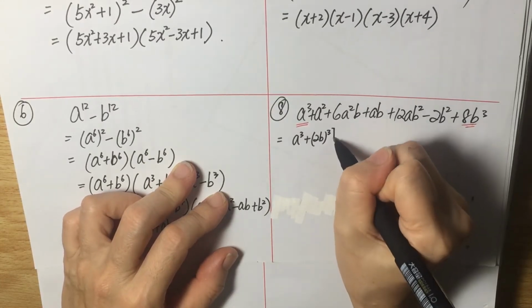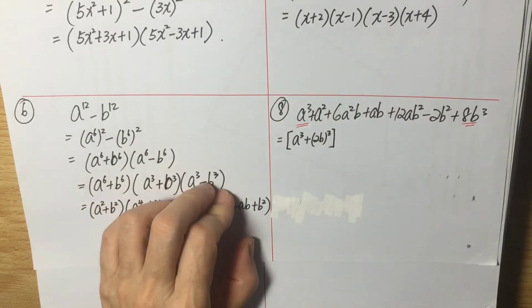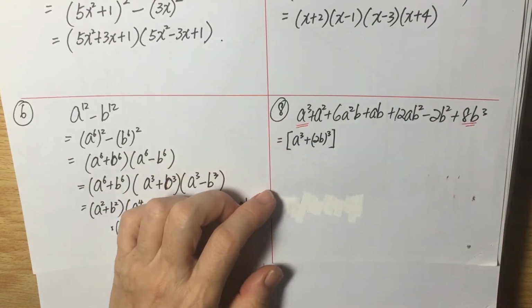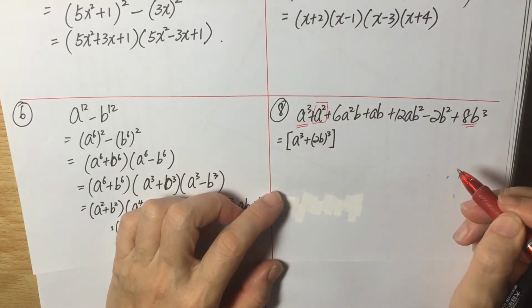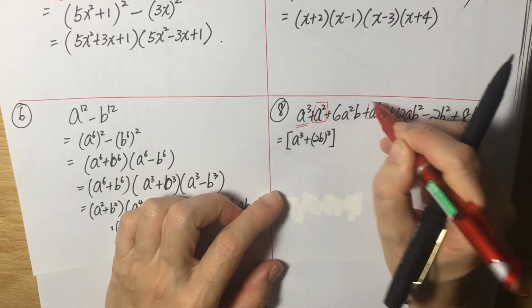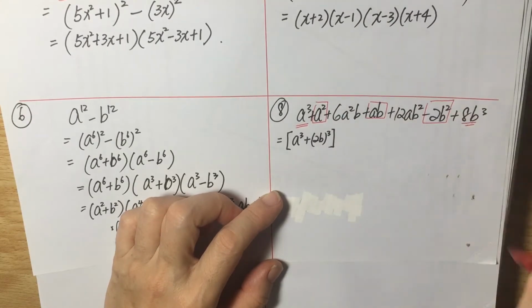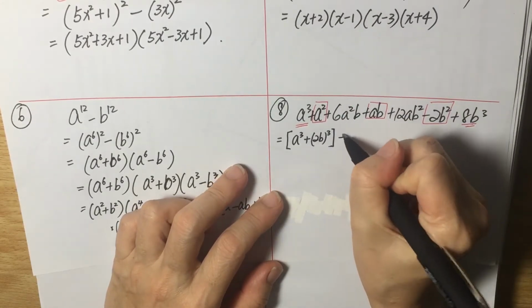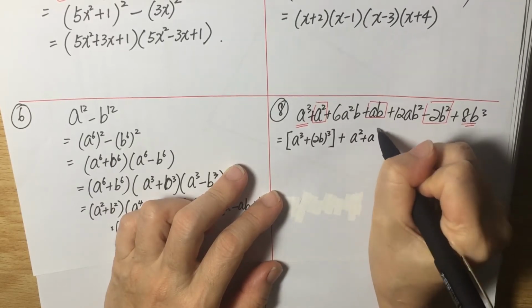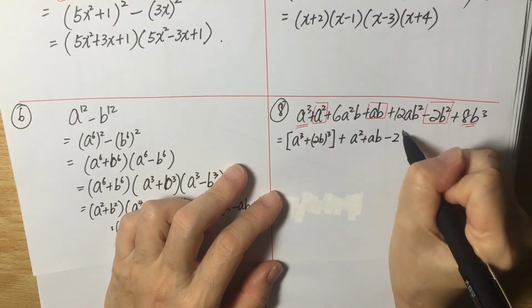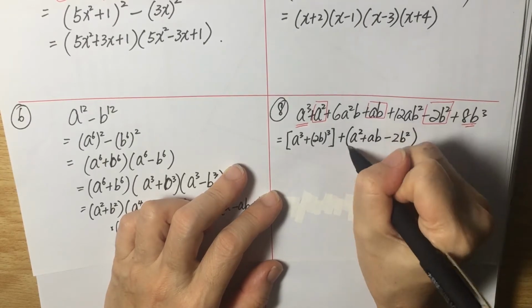Okay, so this is the first 2 terms. Then I use this term and this term, group them together also. So I have a squared plus ab minus 2b squared. So this is another term.